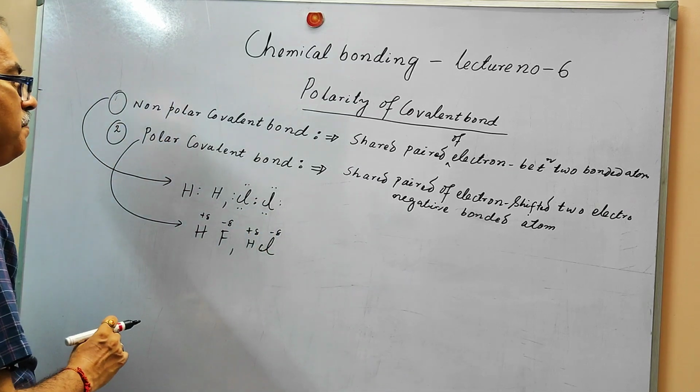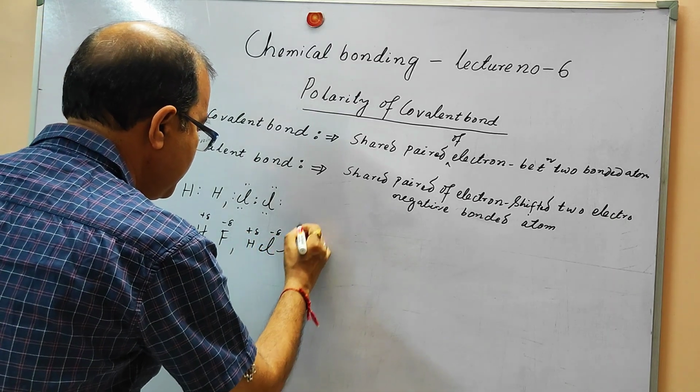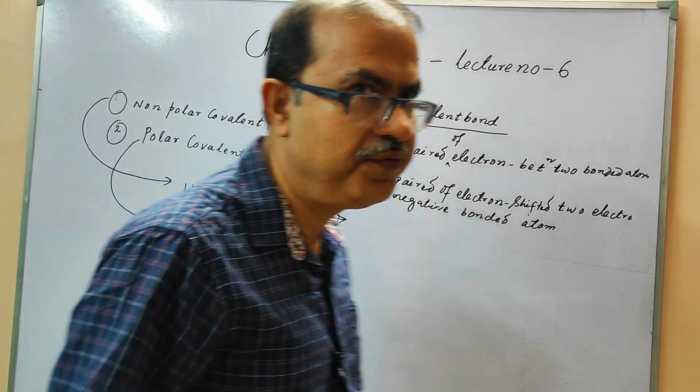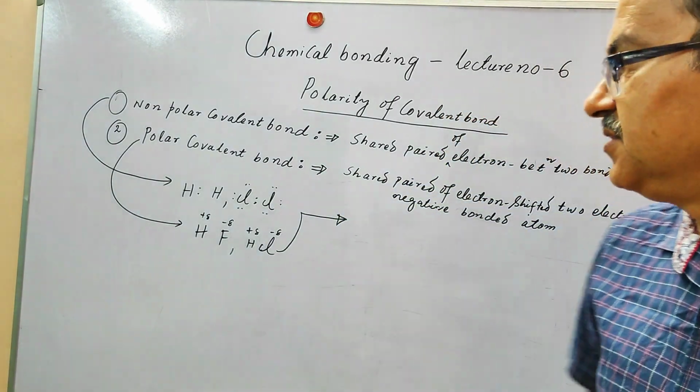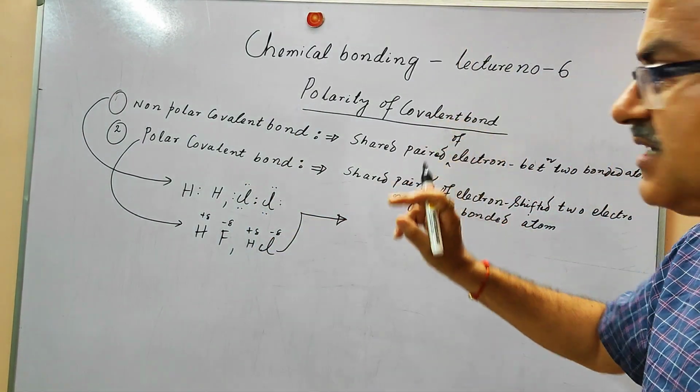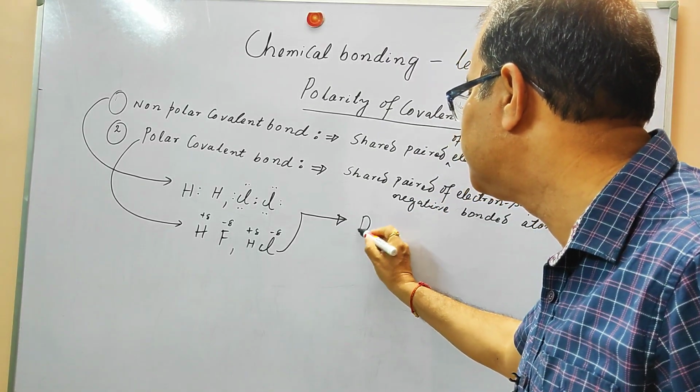So what is going to happen? There is a creation of dipoles. In both these polar covalent bonds we can see the creation of dipoles.